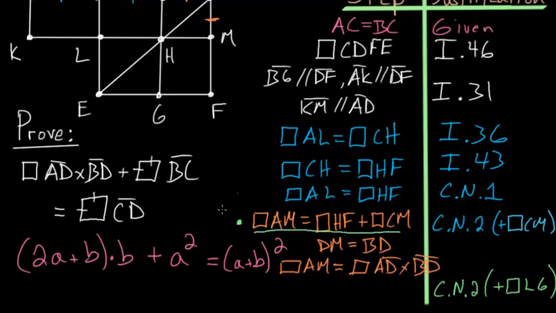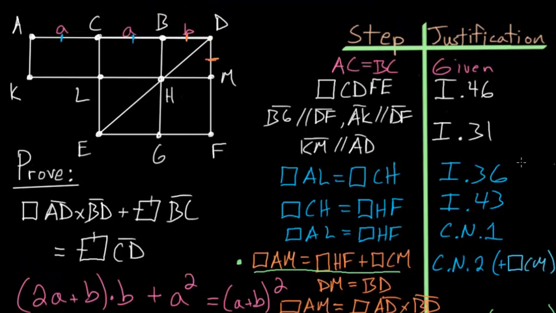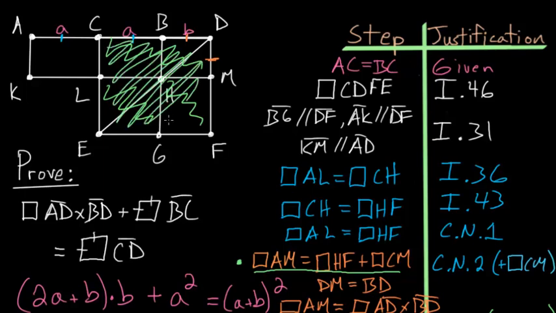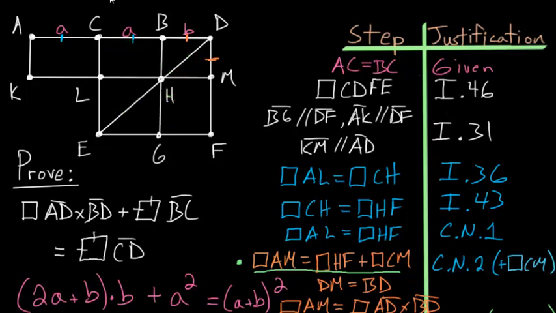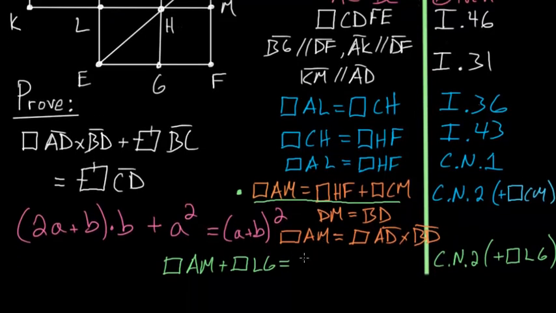So on the left-hand side, we have the quadrilateral AM plus the square LG, and this is equal to the quadrilateral HF and the quadrilateral CM, and we're adding this square LG to it. So now we essentially have this entire figure here, which is just a square. And this is the square formed by the line CD. So we can just say that the right-hand side is now just the square on CD.